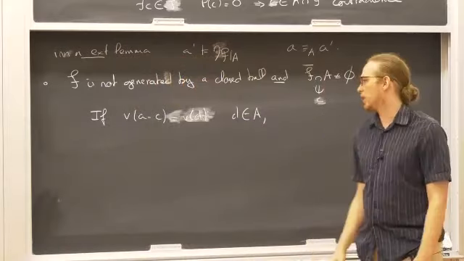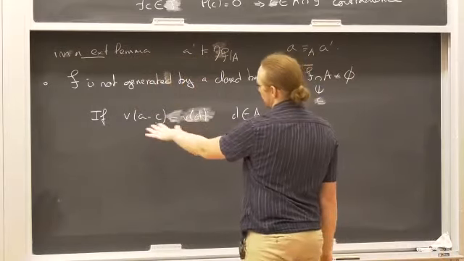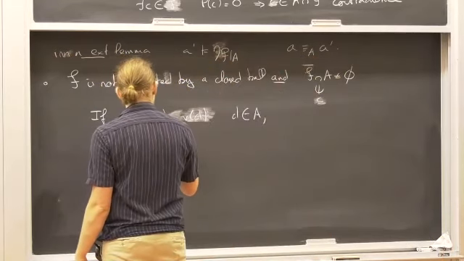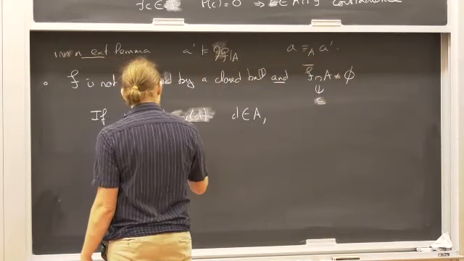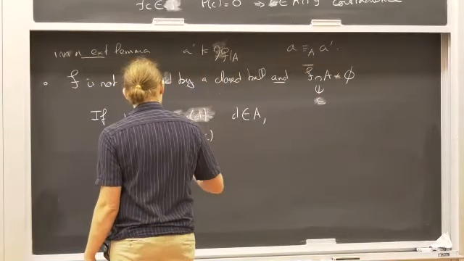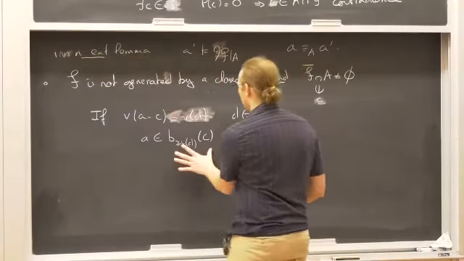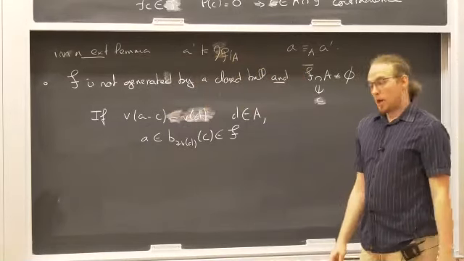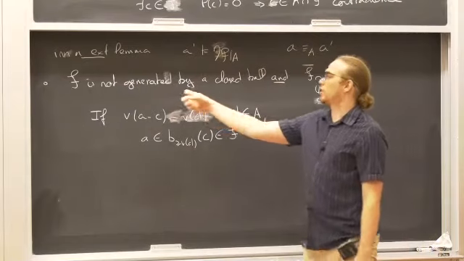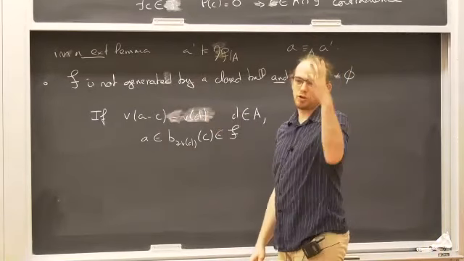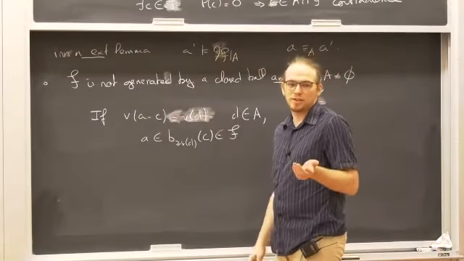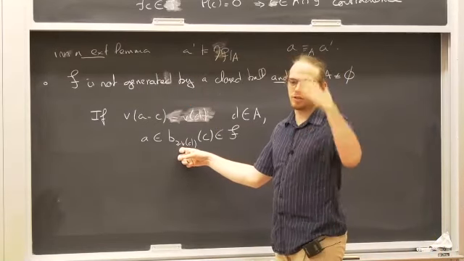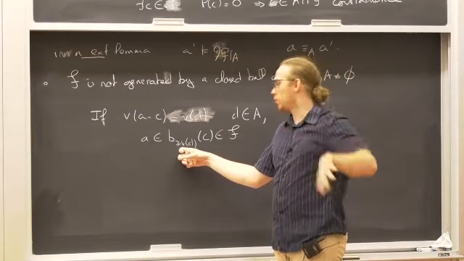How do we get it? Well, this is exactly saying that A is in the closed ball of radius V of D around C. So this thing here is in the filter. But the filter is not generated by a closed ball, so we know there's a smaller open ball. In particular, the open ball of radius V of D must be in it because it's the maximal open ball inside of this.